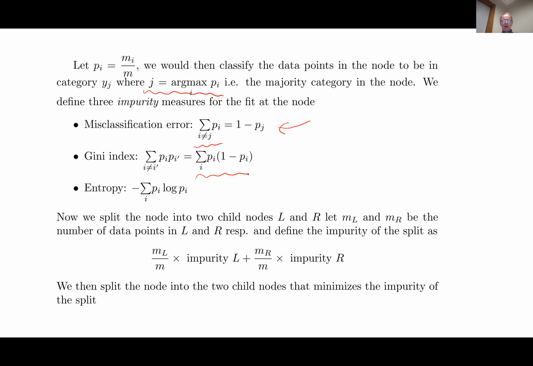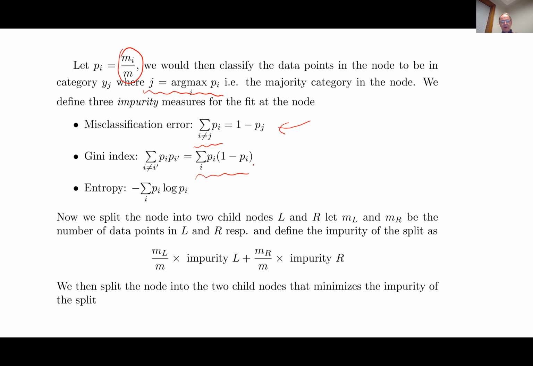That means there's just one Pi, and that Pi is equal to 1. So this number here is 1 for this category, and that means this number here is 0. If we're at a node which is pure, meaning there's only one category, then the Gini index is 0.